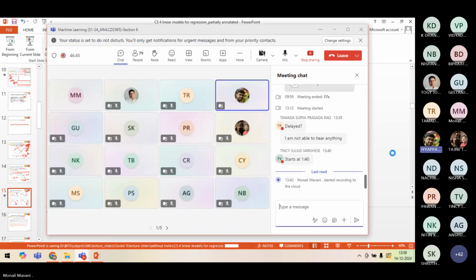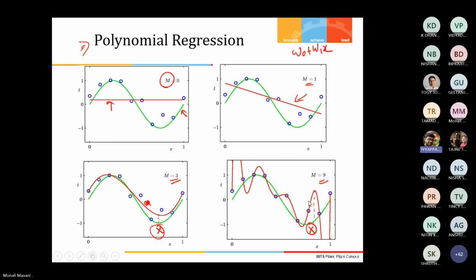We don't have to consider degree 0, the first case. It's a very simple model. During training, you should try to get the minimum error possible. Among 0, 1, 3 and 9, both 3 and 9 are giving minimum error.